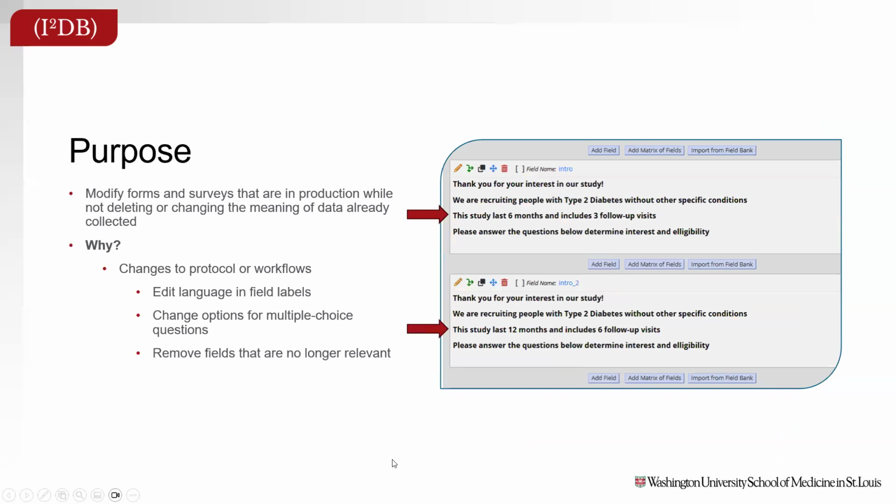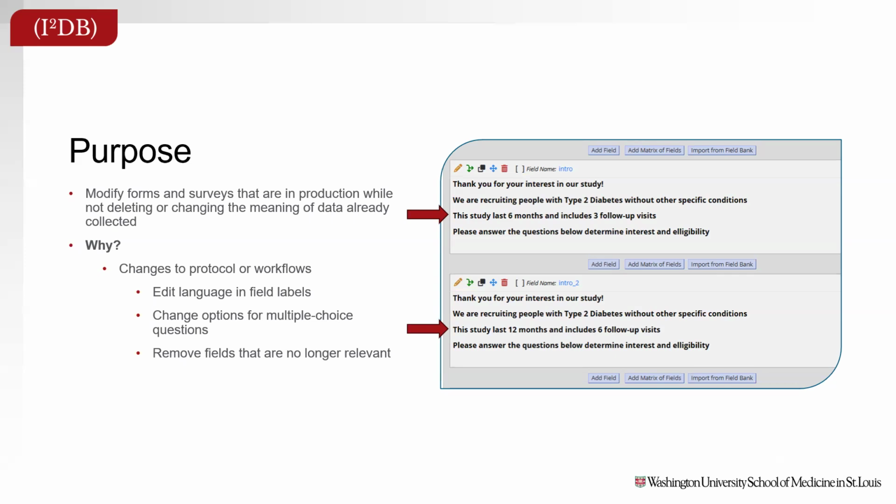Okay, so why do we do this? Or why do we need to know about this? Basically, every project goes through some sort of modification throughout its life. Any project that takes place over time most likely is going to have some sort of modification to a form, a change in workflow, whether you're just changing language, changing choices for multiple choice options, or maybe you've got some fields that are no longer relevant.